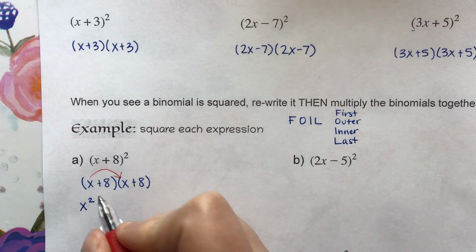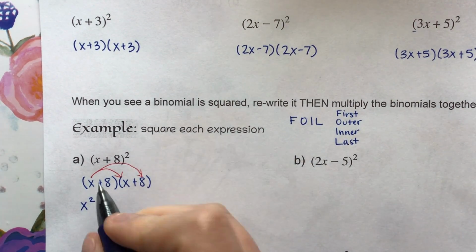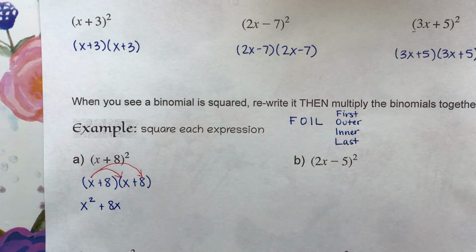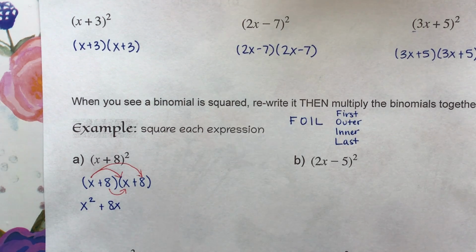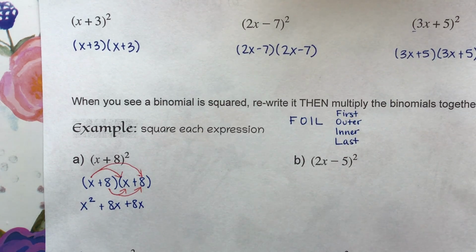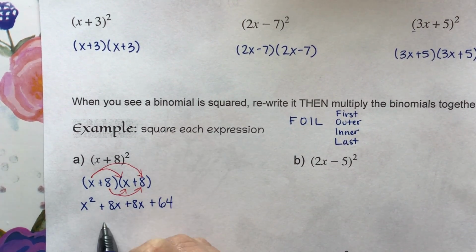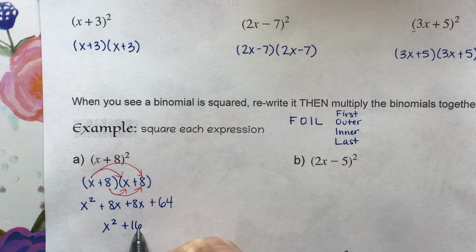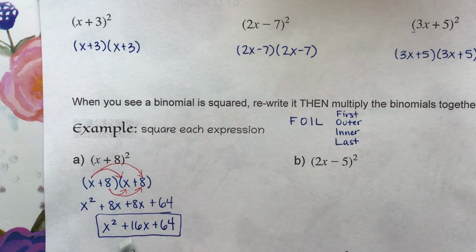Now take your outer terms, x times 8, to get us 8x. Multiply your inner terms, 8 times x is also plus 8x, and 8 times 8 is going to get us 64. I can combine these like terms, so I have x squared plus 16x plus 64 for my final answer.